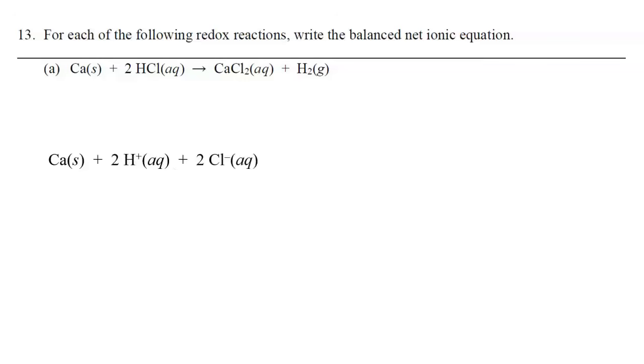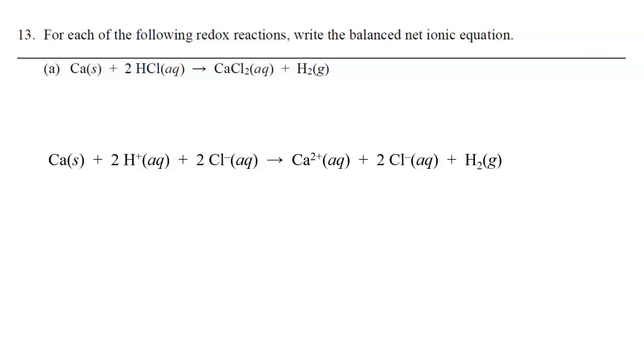On the other side of the equation, I see an aqueous ionic compound. So calcium chloride is an ionic compound. And we split it up into a calcium 2+ ion and 2 Cl- ions. And then finally, hydrogen is a covalent molecular compound. It's a gas, so no change.